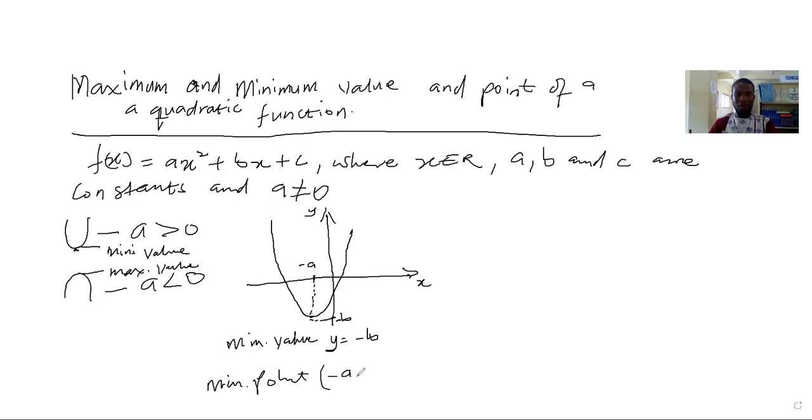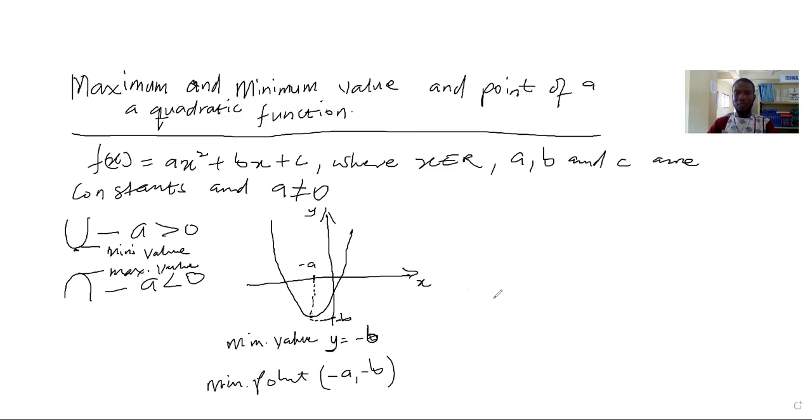So we have negative a comma negative b, and that becomes the minimum point of the graph, and the negative b is the minimum value of the graph.